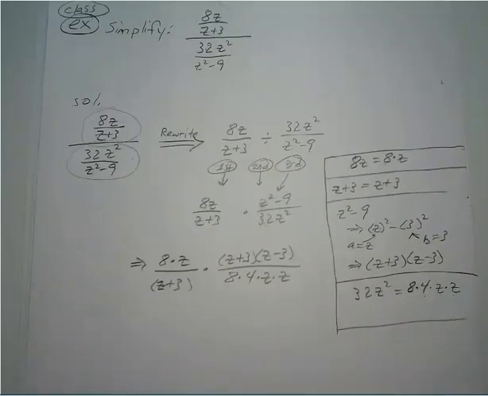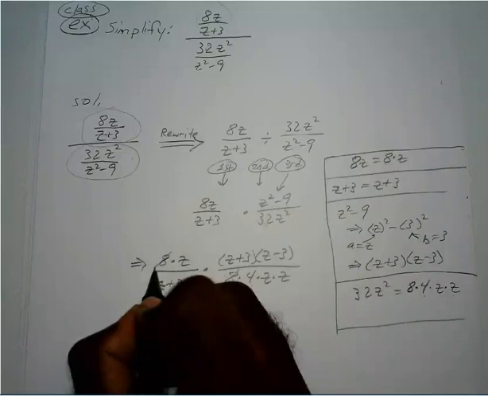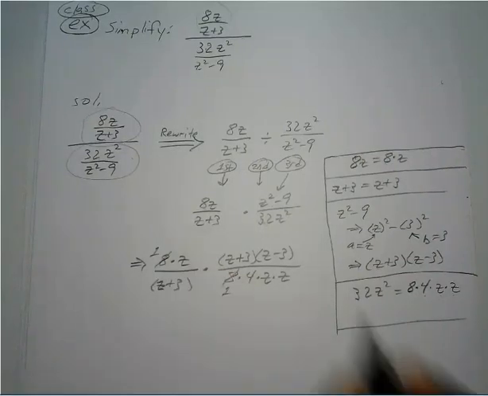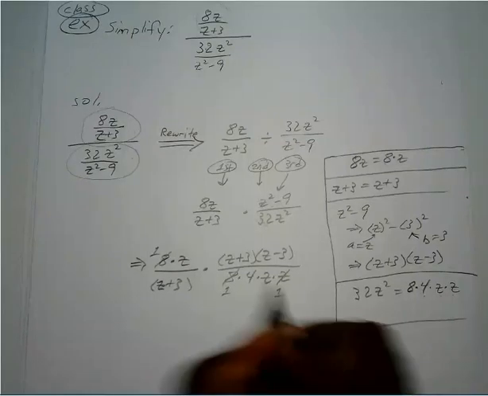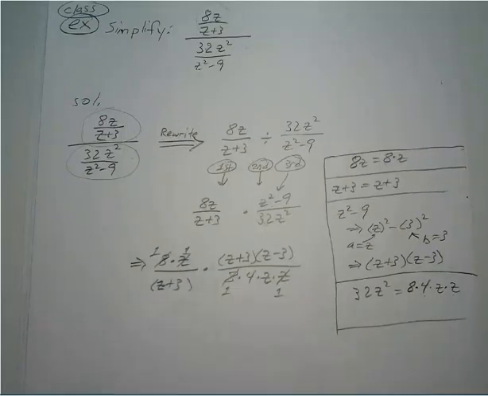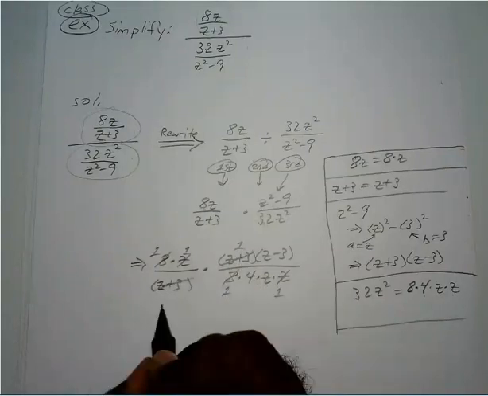Okay, so again, you can rewrite it over all one fraction, or you can cancel out here, where this 8 cancels out with this 8. This z or that z, doesn't matter which z, cancels out with this z up here. And this z plus 3 cancels out with this z plus 3 down here.